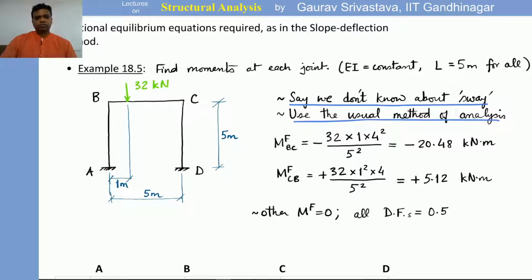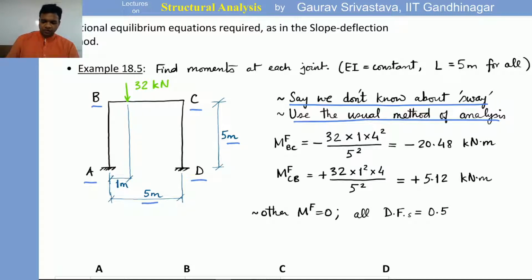Now, if we have to use the usual procedure, in this case we have chosen both the lengths to be 5 meters, just for the sake of simplicity. So we know that the distribution factors at joints B and C, for BA, BC and for CB, CD, will both be 0.5, while at A and D it will be 1.